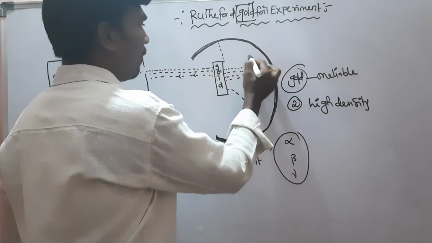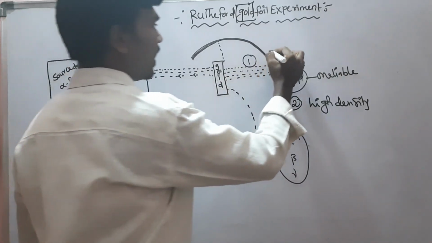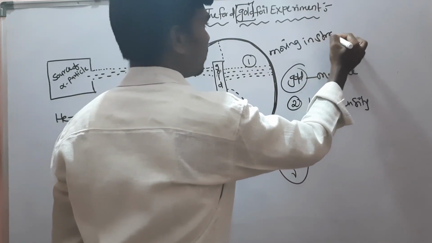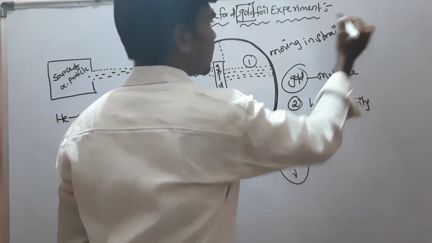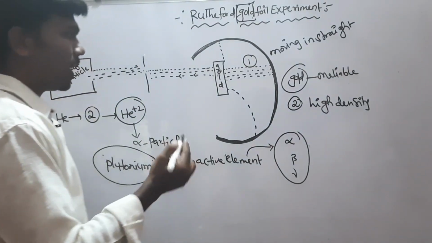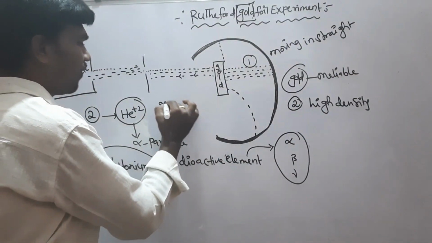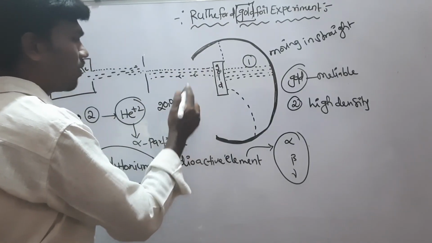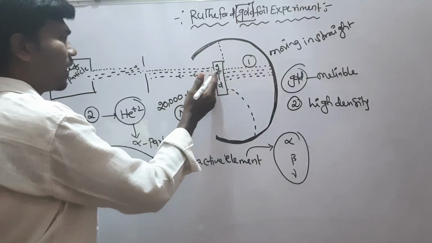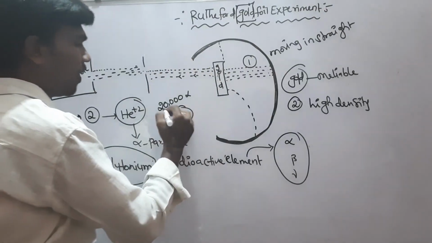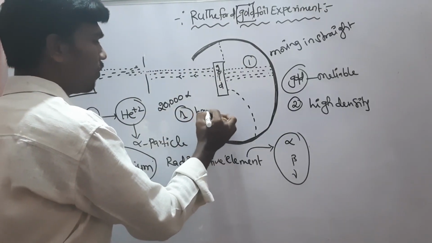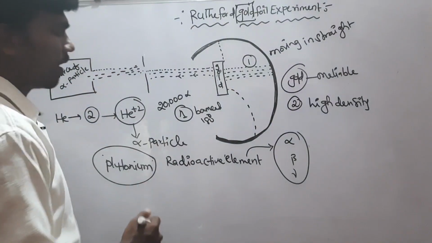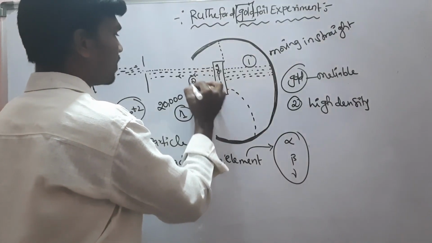First observation: maximum alpha particles move in a straight direction. Second observation: a very small amount of alpha particles, if I take 20,000 alpha particles, only 1 or 2 come back, that means they bounce back with 180 degrees deviation.